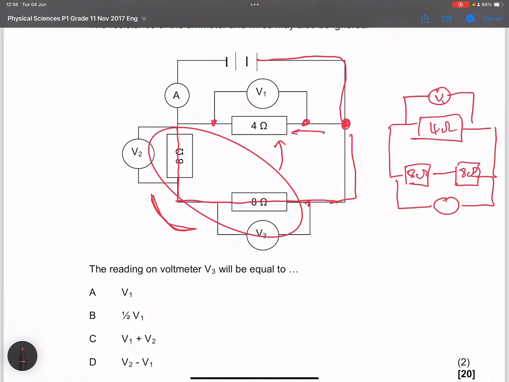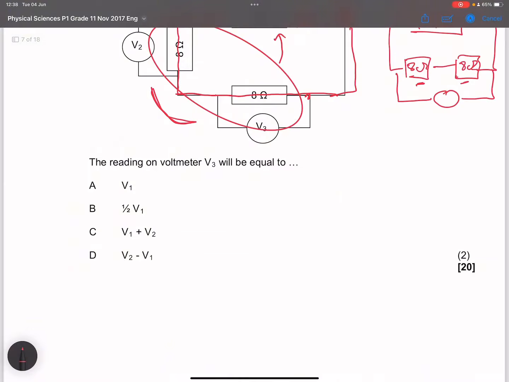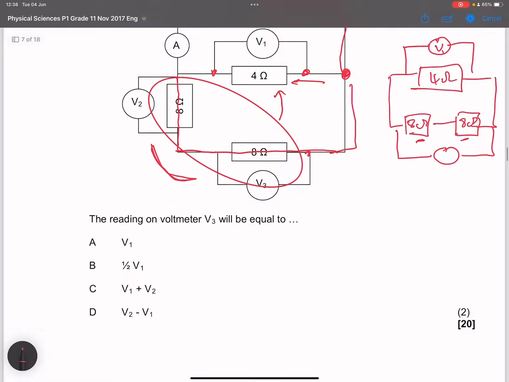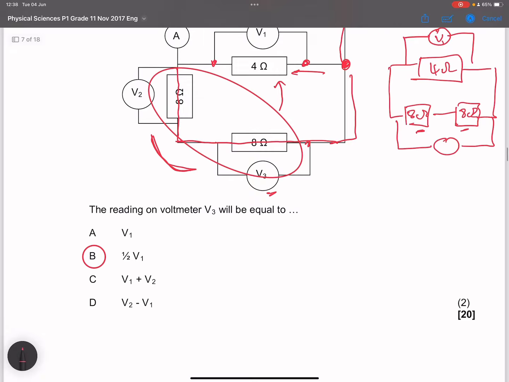But what do these resistors do? They divide that voltage with each other, and since they are equal, they will divide it equally, which means that the voltage V3 will be half of V1, because they divided that. So in this case, they said the reading on V3 will be half of V1. All right, I hope that makes sense, ladies and gents, and you'd have earned yourself a good 20 marks. I hope that you would understand.